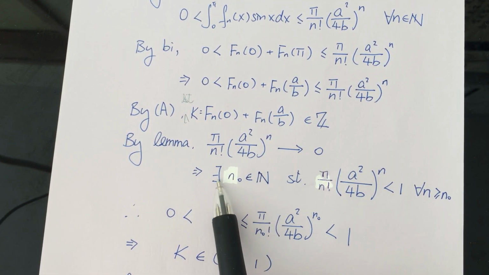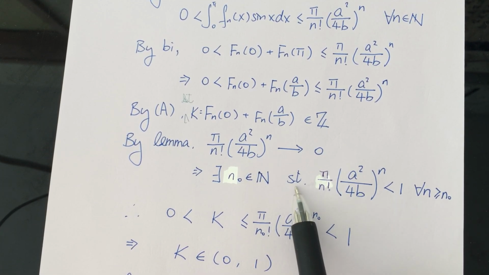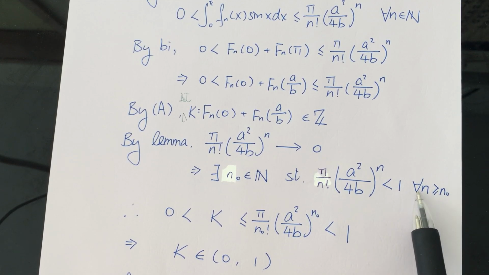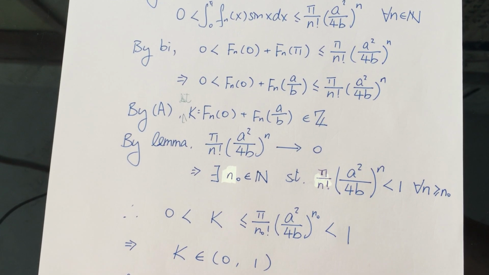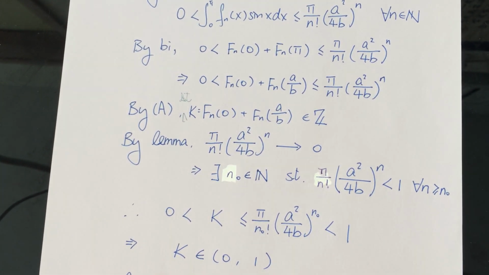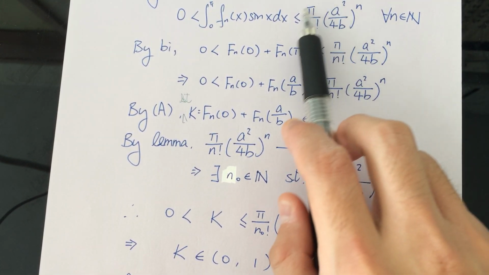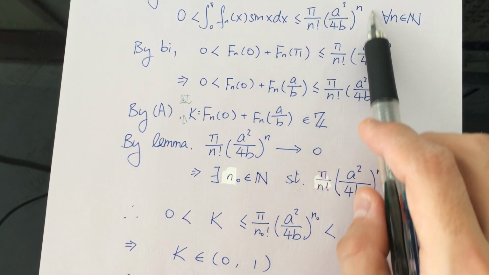That means there exists an n_0 belonging to the natural numbers such that this part is less than 1 for n greater than or equal to n_0. If you feel some confusion, you just need to know this part can be small enough. Say for some n, this part could be 0.5.